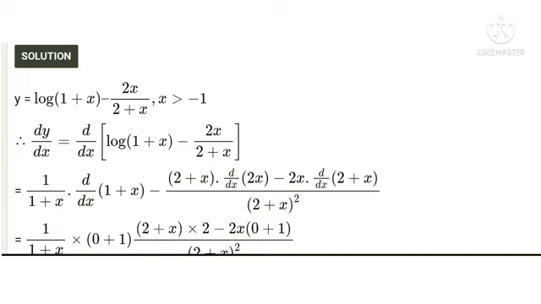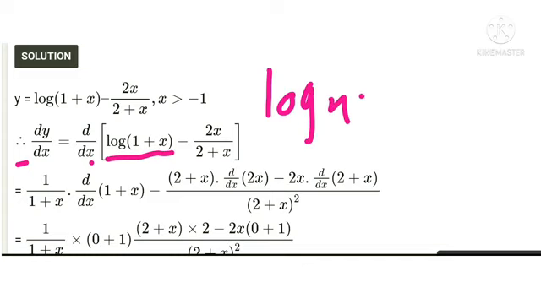Differentiate with respect to x, you get dy by dx is equal to d by dx of log 1 plus x minus 2x upon 2 plus x. So here, what is the derivative of log x? Derivative of log x is 1 upon x. So 1 upon 1 plus x into again derivative of 1 plus x. And here you use the quotient rule.